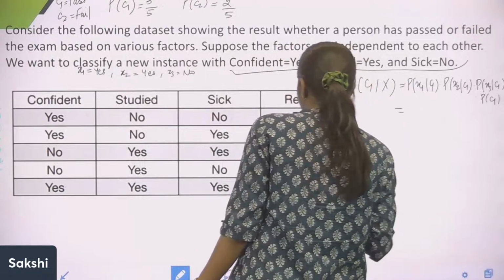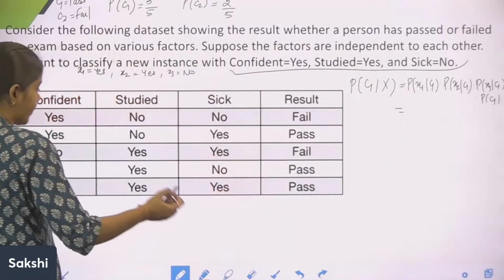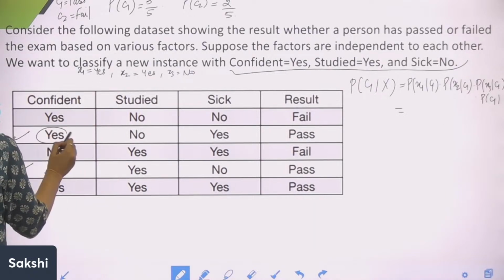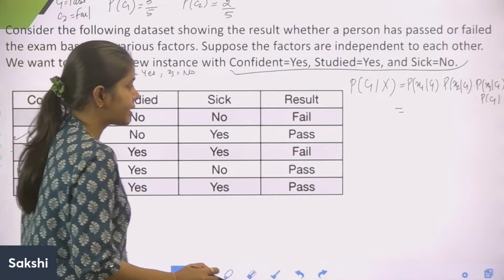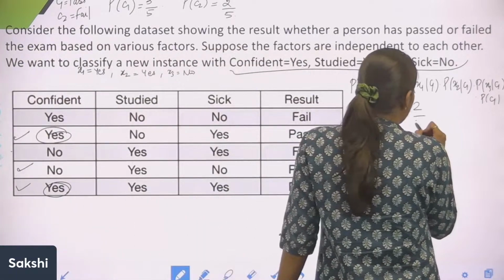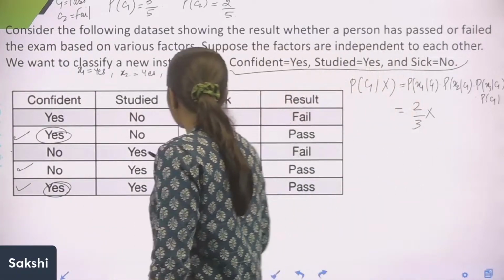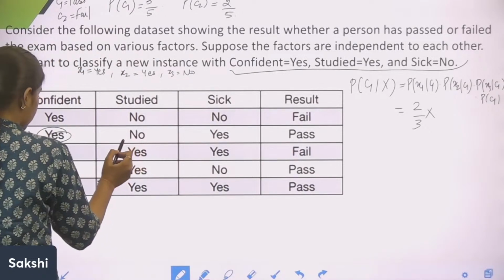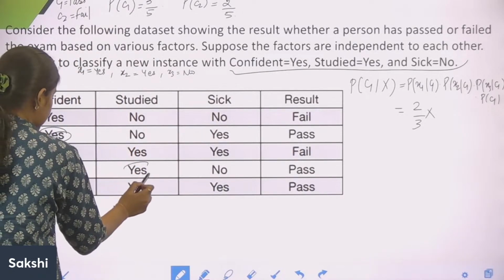X1 given C1. If I talk about class C1, we have this example and these 2 examples, and they have said yes for the first feature. So this is true, this is true. Out of 3 examples, 2 are true, so 2 by 3. Probability of X2 given C1: X2 is given yes. This is no, this is yes, this is yes.